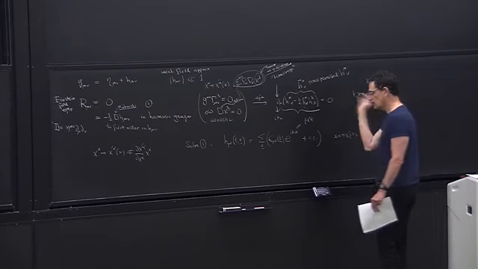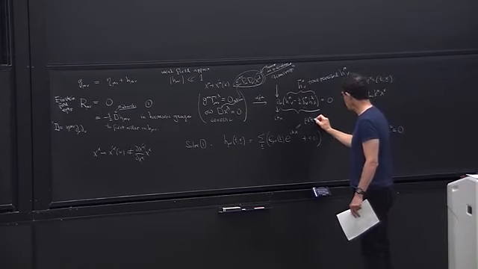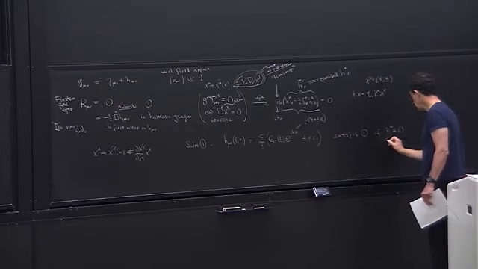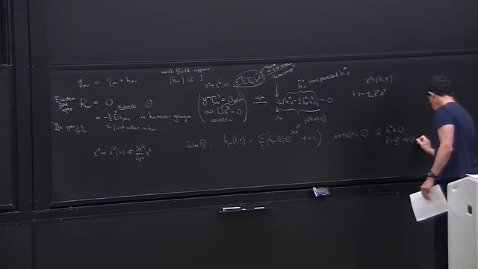I'm going to continue setting the speed of light equal to 1. So k dot x is minus k naught t plus k dot x. And this equation is just k naught squared equals k squared. k naught equals plus or minus mod k.